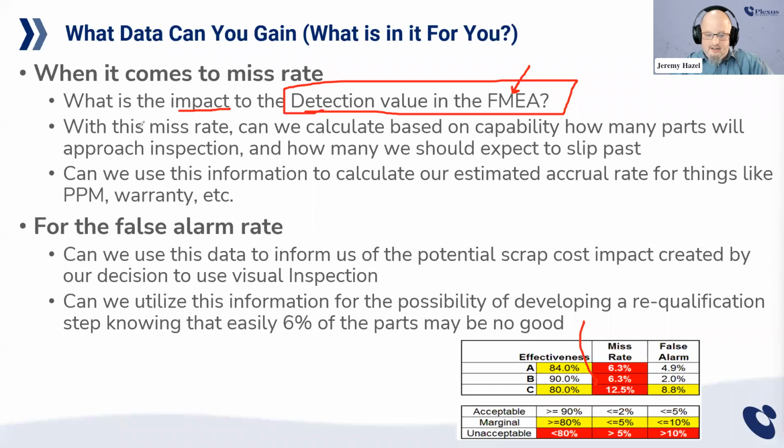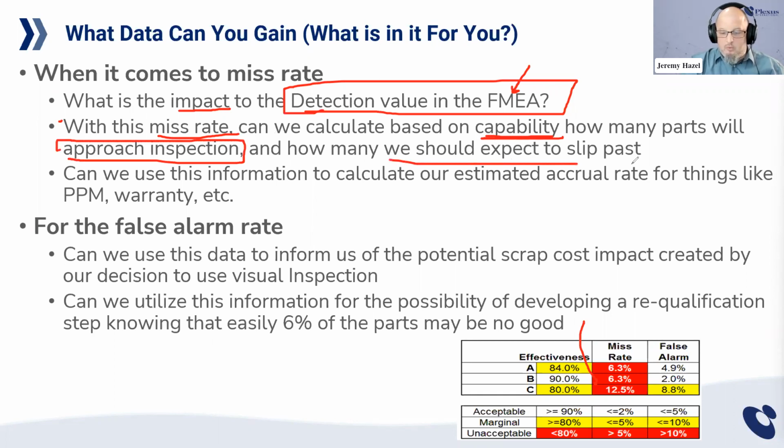Now, the other thing, let's talk about this. With this miss rate, we can calculate. Now, it's a little bit of a chicken and the egg thing. The capability, if you know a historical capability and you have some miss rate, you're going to know how many parts in that shaky zone will approach the inspection and how many we should expect to slip past.